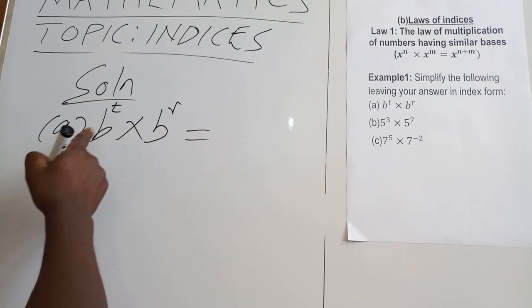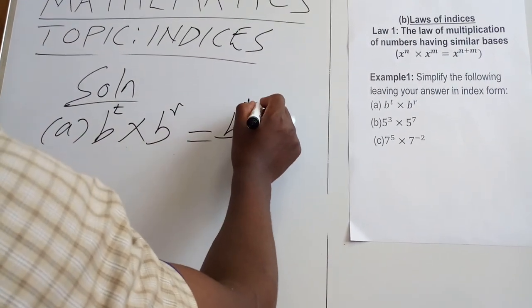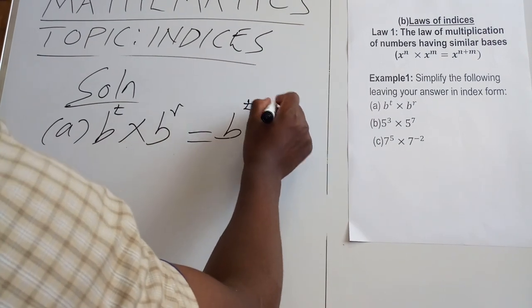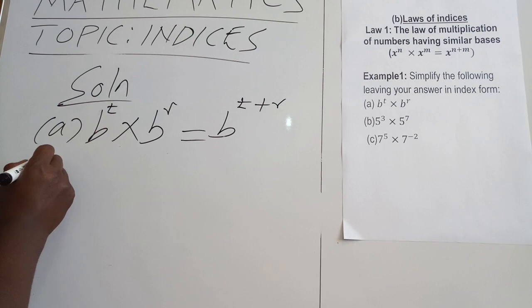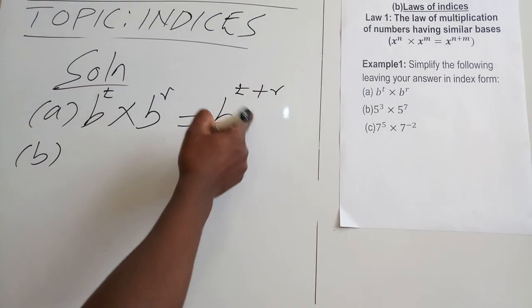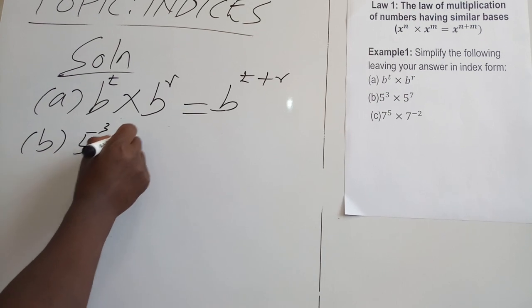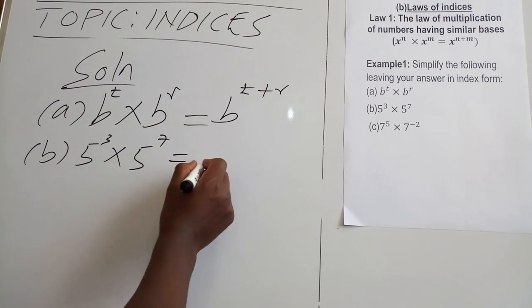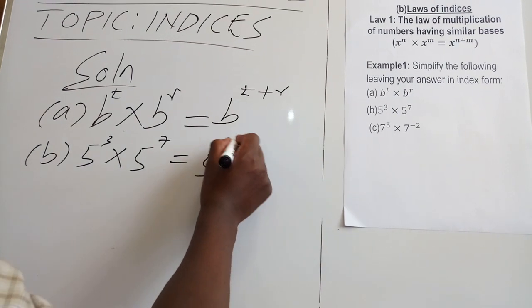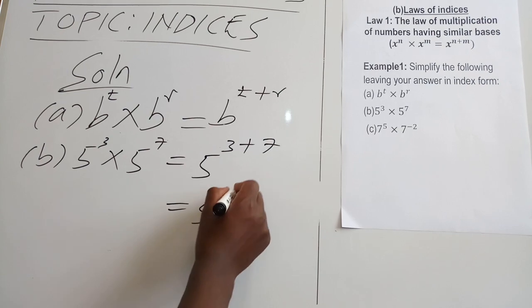Since we are multiplying and the bases are the same, the outcome will be b raised to t plus r. We go to number 2. Of course, now that's the end of that workout. We have 5^3 times 5^7. What will you get? 5 raised to the power 3 plus 7, which will give us 5^10.